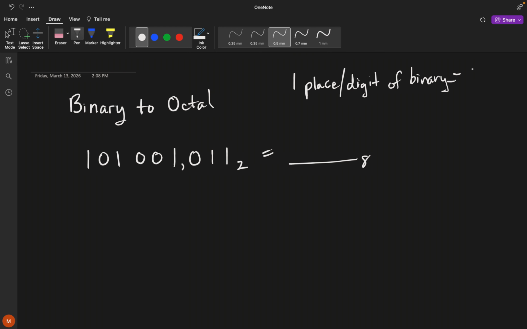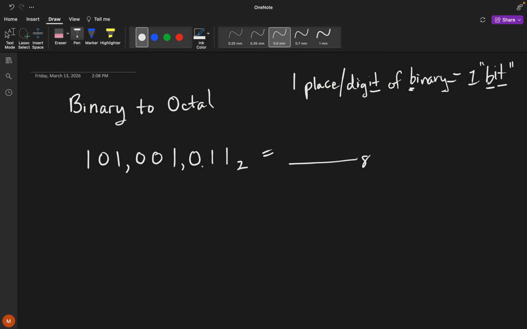It's called 1 bit, which you may have heard of. Bit is a contraction, B plus IT, binary digit. So between every 3 binary digits or bits, I'll put a comma, starting at the right, like we do in decimal.